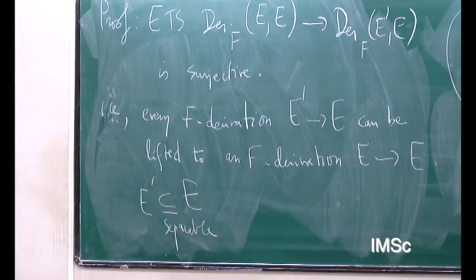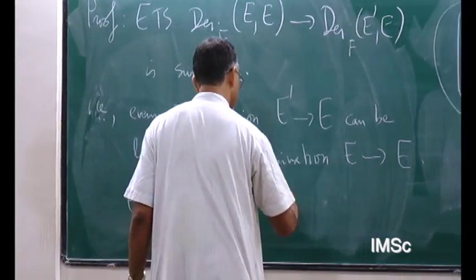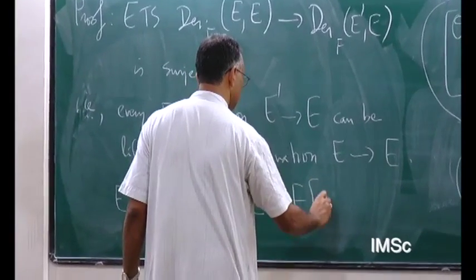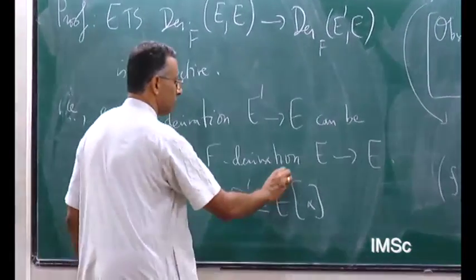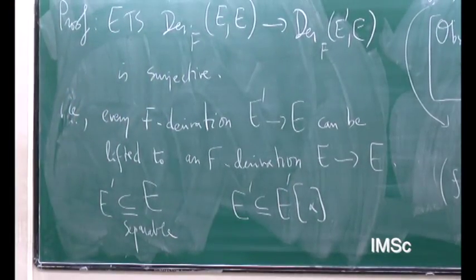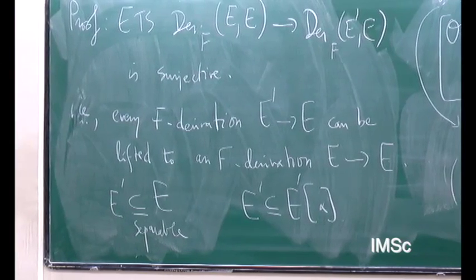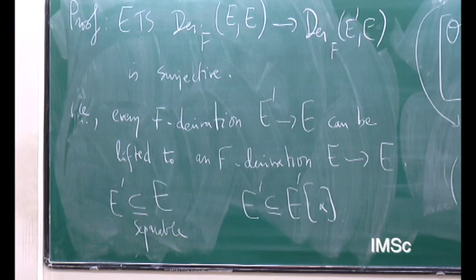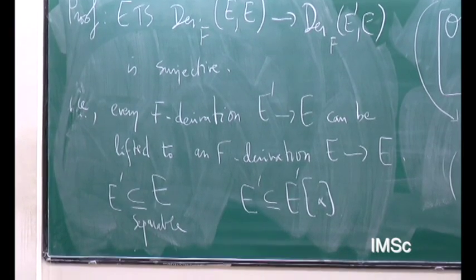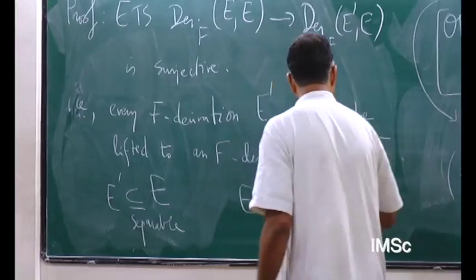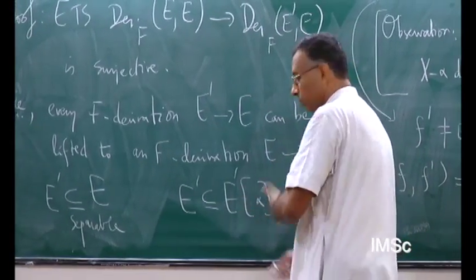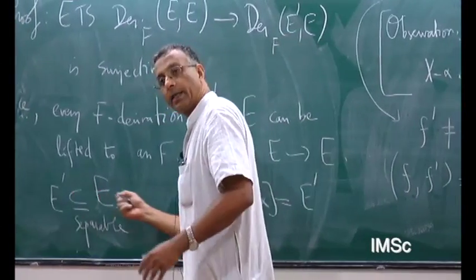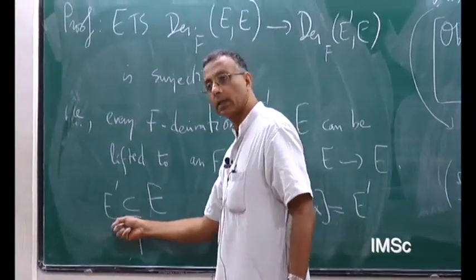For a minute, let's assume that you have... So I can do it with alpha first, then to extend it to E all the way, this is a finite dimensional extension of this.